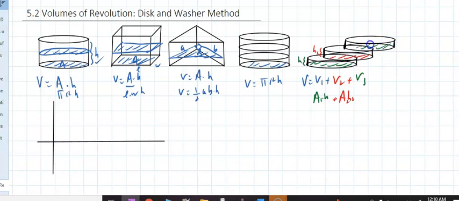And that will be area 3 times its height. Of course, if these are the same, then I could combine them, and that will be equivalent to this.